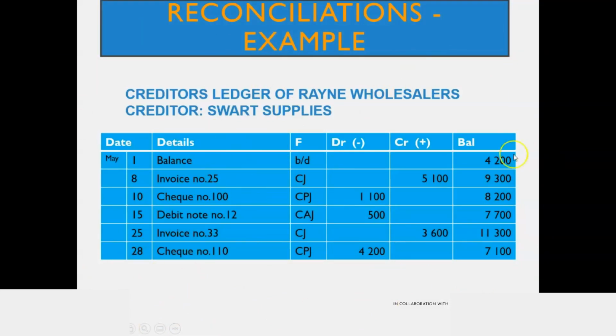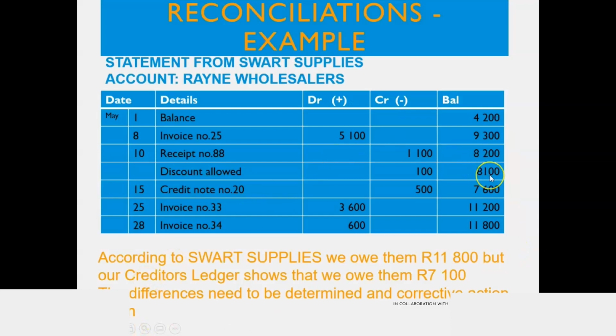So now the reconciliation is what? We need to somehow have the same balance at the end. If you notice here, our balance at the end is 7,100 versus the statement from SWAT suppliers, which is 11,800.